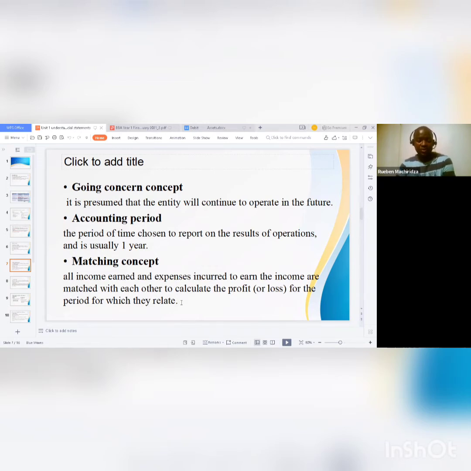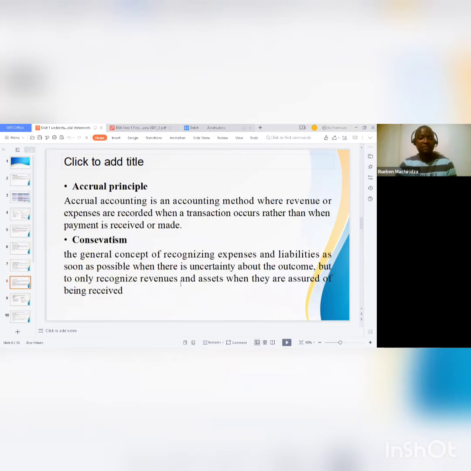As we will be doing questions, we are going to be faced with challenges whereby, let's say, a certain expense we've paid for the next 3 months, and yet we want to know about only the expenses up to the month that we are in. So we have to make necessary adjustments to exclude the additional 2 months that we must not include in the financial statements. We'll see that when we attempt questions.